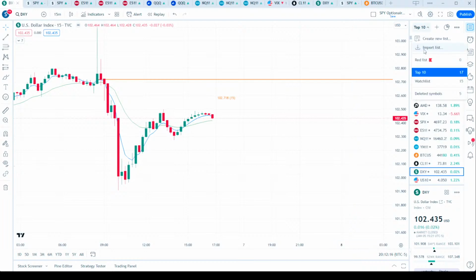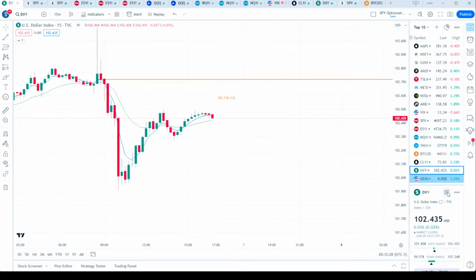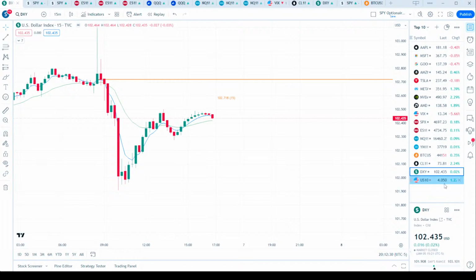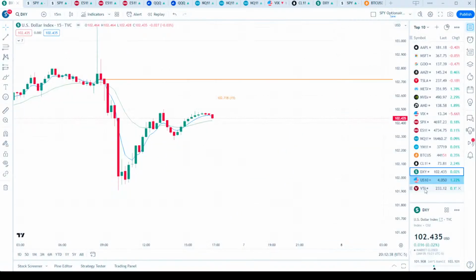But in general, you just go up, click create new list, and then you can start adding symbols. What's cool about this is you can move your symbols or your tickers to whatever order you want. And then if you just want to delete it, you can do that. And then to add a new one, you go to add symbol, and then let's just do VTI. So then you can add it right there, and you can do whatever you want.